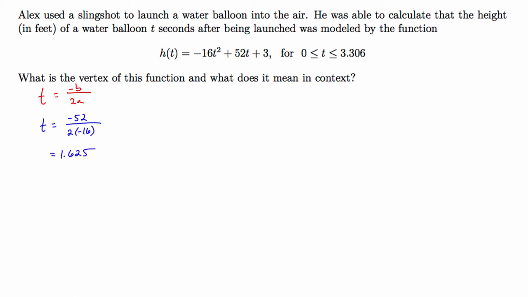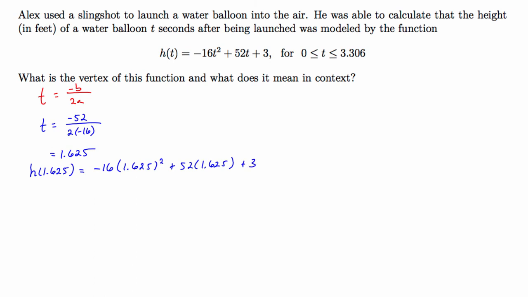To find the other coordinate, the y-coordinate of the vertex, we need to now substitute this t value back into our function. So we need to calculate h of 1.625. So we will substitute 1.625 in for each t in the function. So this will become negative 16 times 1.625 squared plus 52 times 1.625 plus 3.